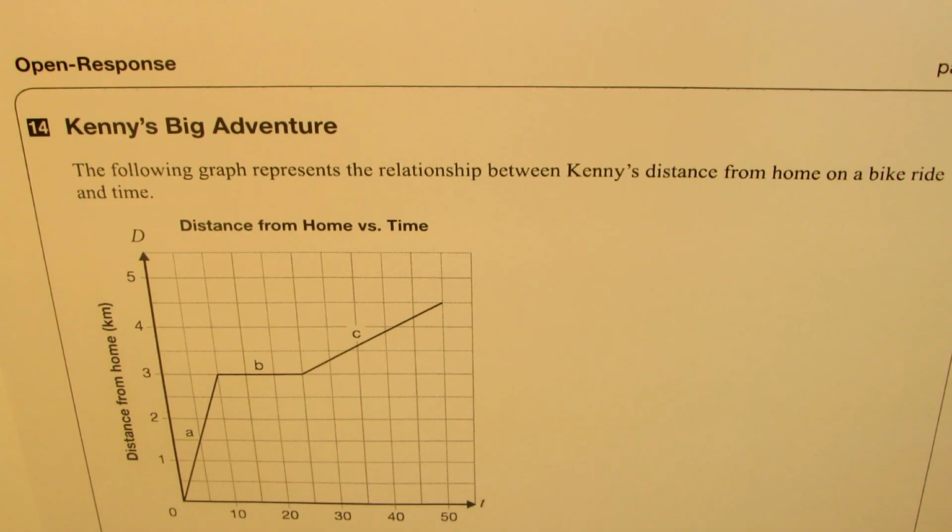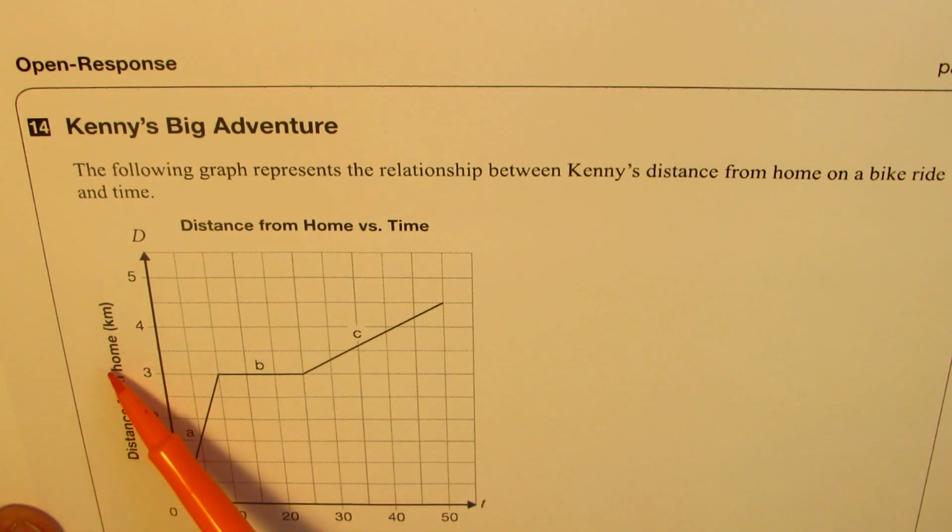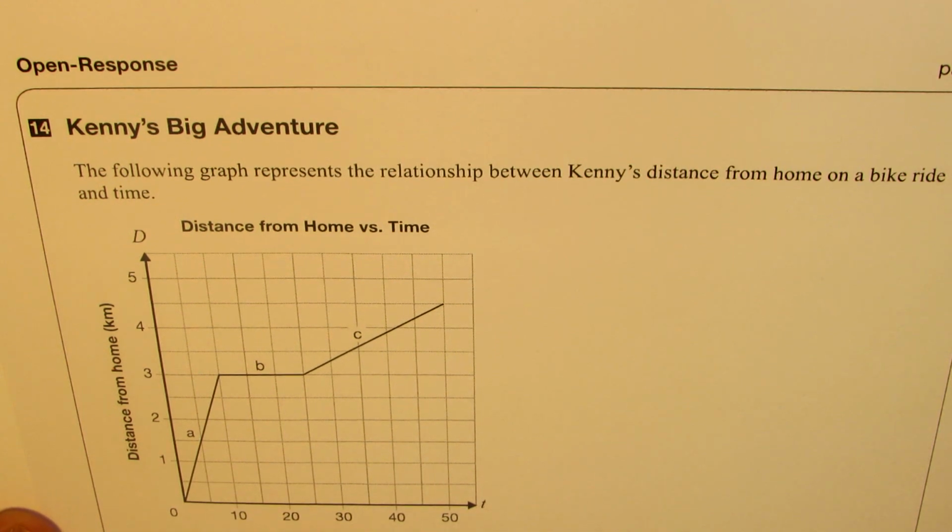Question number 14. Kenny's big adventure. The following graph represents the relationship between Kenny's distance from home on a bike ride and time. So that's the graph for you, showing the distance with time, right?